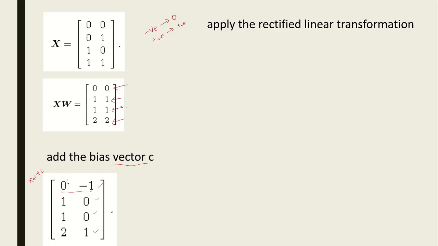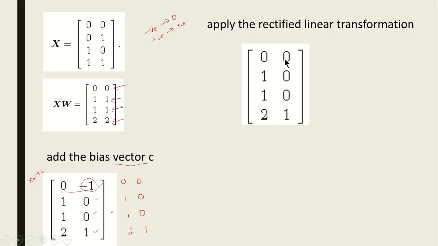For 0, the output will be 0 itself, and for minus 1, which is a negative number, the output will be 0. The others, 1 0, 1 0, 2 1, have no issues and stay the same. So the output after applying the rectified linear transformation is 0 0, 1 0, 1 0, 2 1. There is only one change because there is a negative number only in the first row.